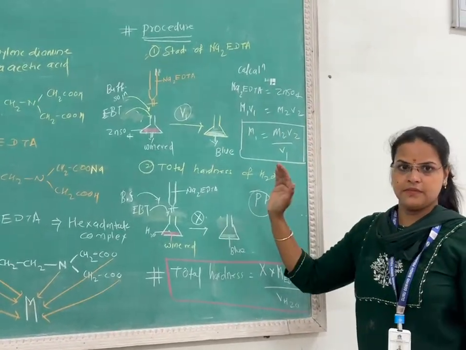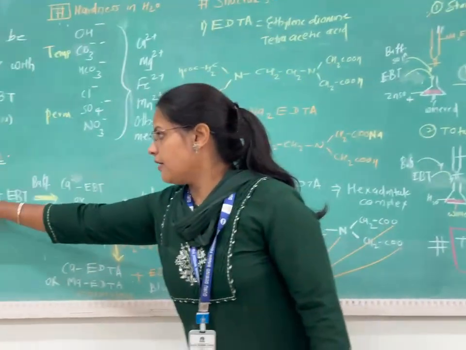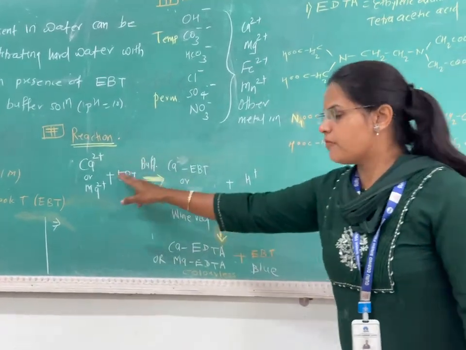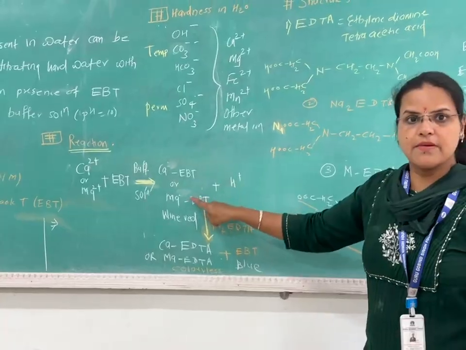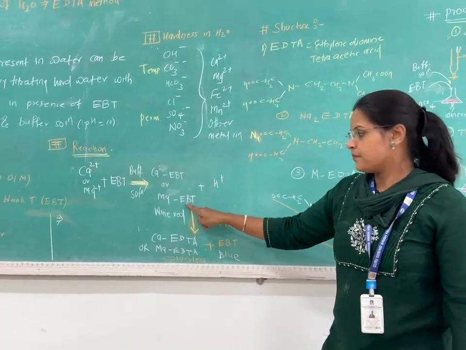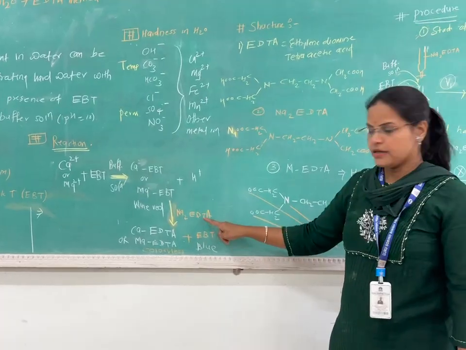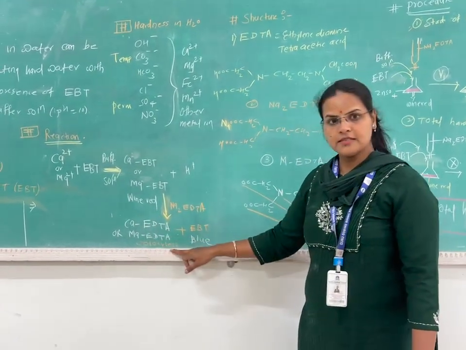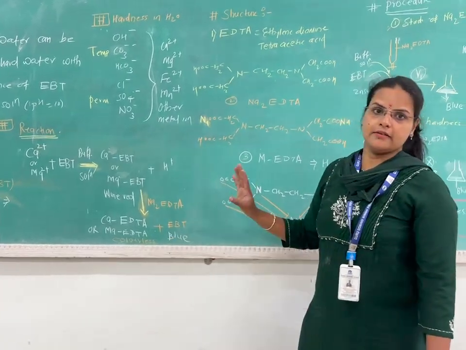Now what type of reaction happens? Here, Zn2+ reacts with EBT. In presence of buffer solution, there is a formation of unstable wine red Zn-EBT complex, which is then titrated with disodium salt of EDTA, and that converts it into Zn-EDTA which is colorless, and the blue color is due to the EBT indicator.